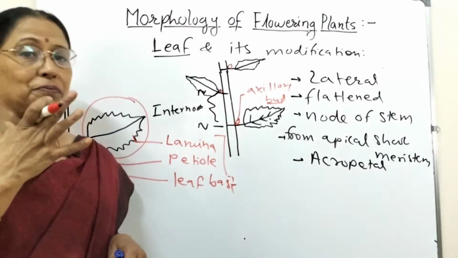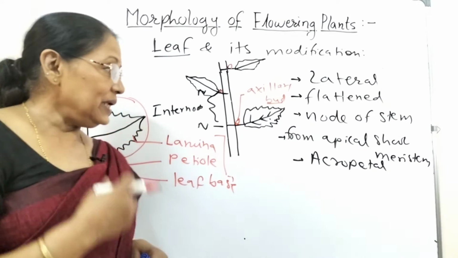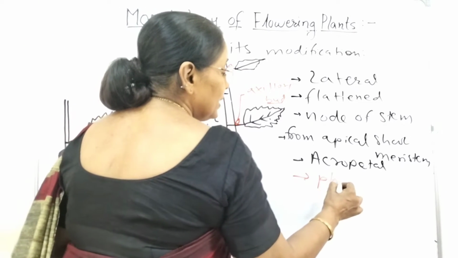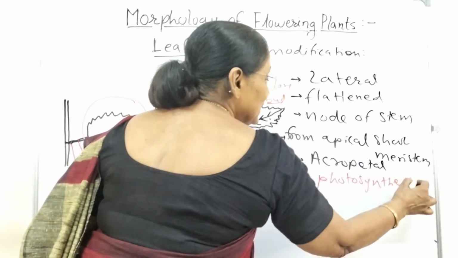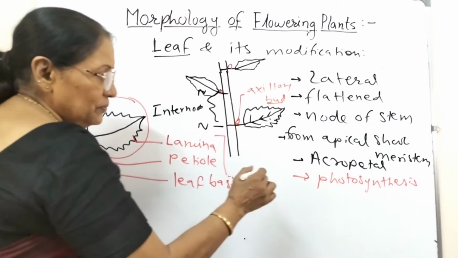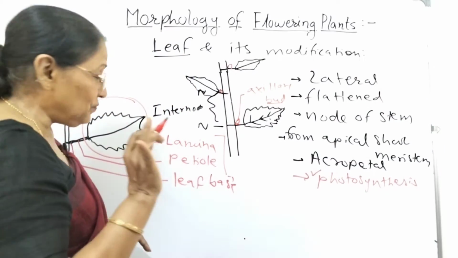The lamina is the most prominent expanded green part of the leaf which does photosynthesis. Photosynthesis is a very important function of the leaf. The leaf is a vegetative part and it is very important for its known function, that is photosynthesis.